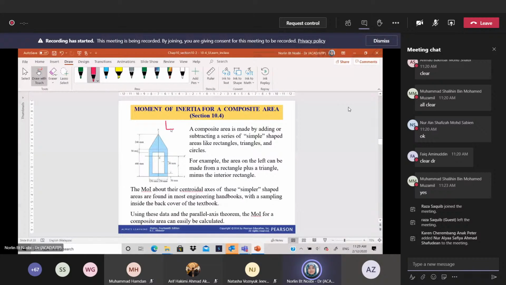How do you find the Ix for this shape? It is complicated, right? The last subtopic is much easier because the shape is just one. So how do you find it? There are four steps. So let's see.